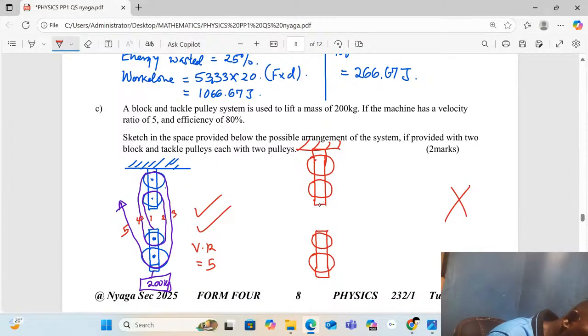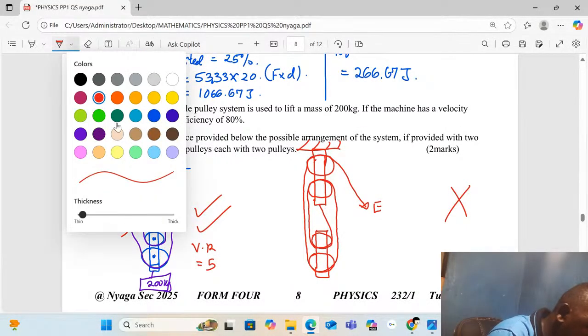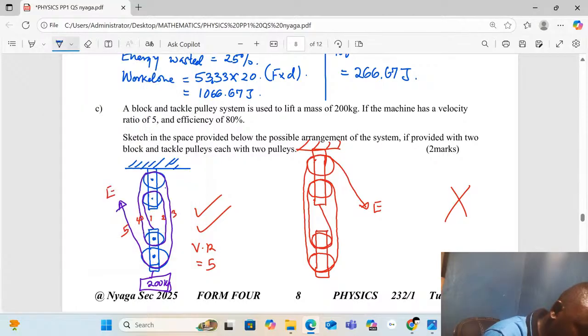So if I start my rope here, and this becomes my effort, then how many ropes shall we have supporting the load? 1, 2, 3, 4.